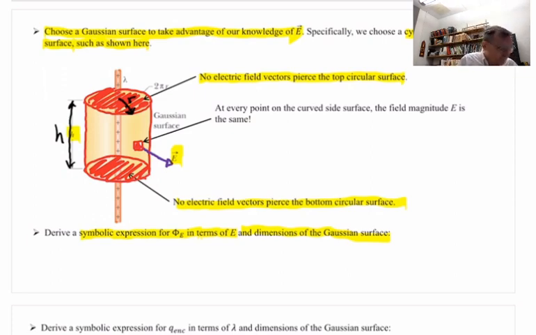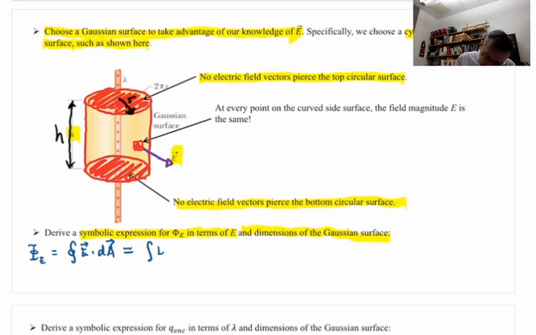But let's start in our expression for the electric flux with, well, where we should start. The integral over the closed Gaussian surface of E dot dA. But because the Gaussian surface is shaped like a cylinder, it's quite natural to break that up into three parts.